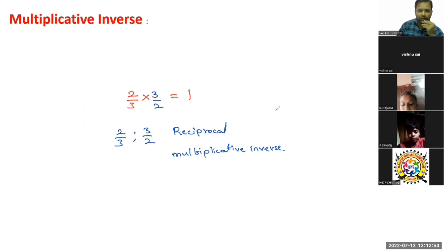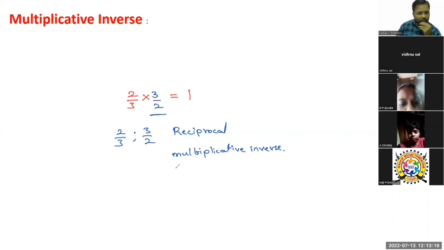Okay, is there any doubt here? Will you get a product of 1 for any other value except 3 by 2? No, we cannot get it. So multiplicative identity is 1. It is constant. But the multiplicative inverse depends upon the given number.